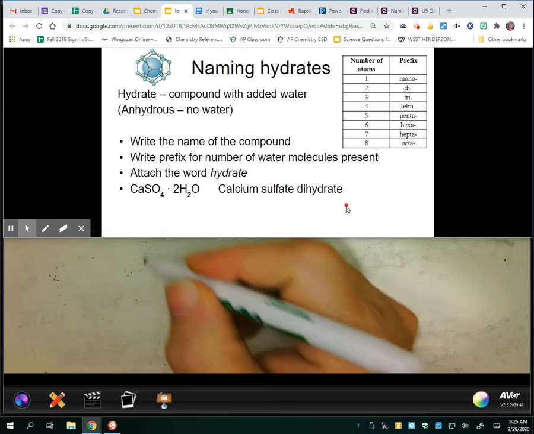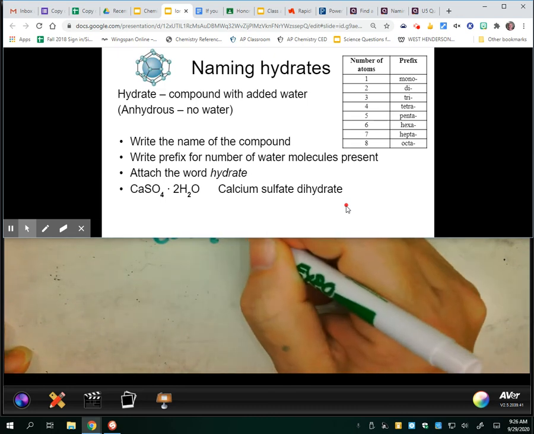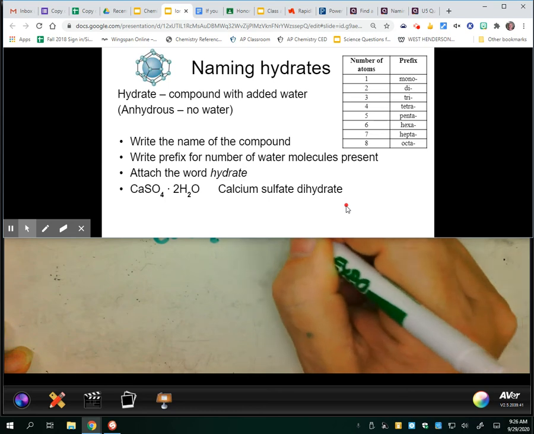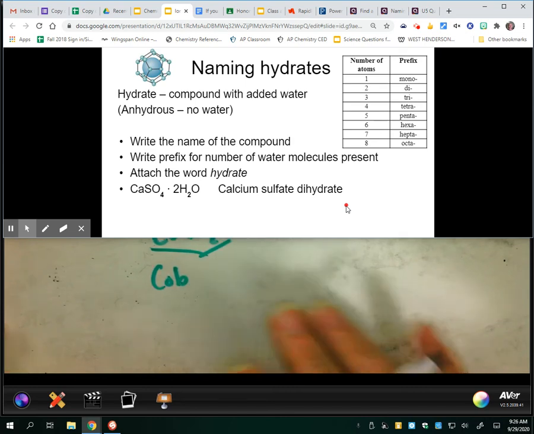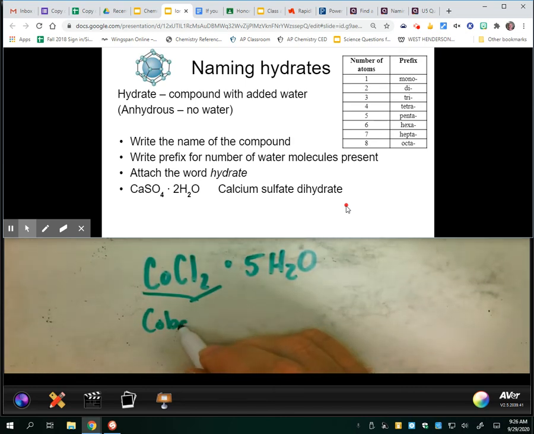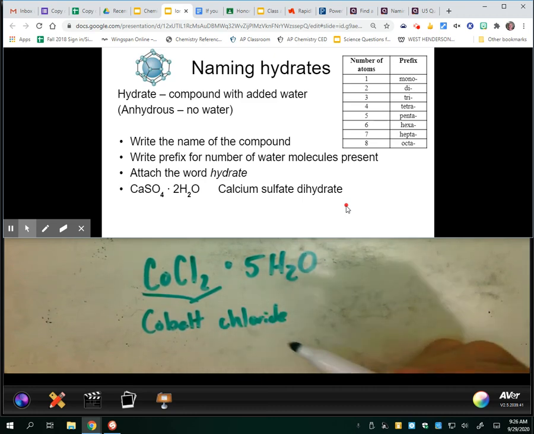Knowing how to name hydrates makes you sound super smart. Here's another example. So let's say I have this. All right, I'm going to name the ionic compound here. And this is, I'll give you the example, cobalt and chloride. Now, cobalt is a transition metal, so we do have to tell the charge of that cobalt.